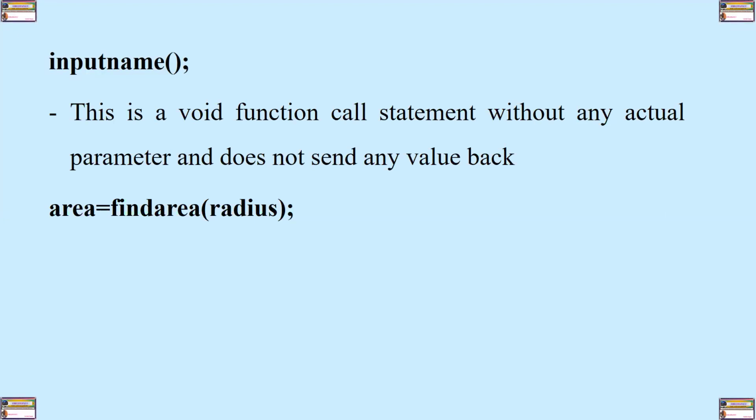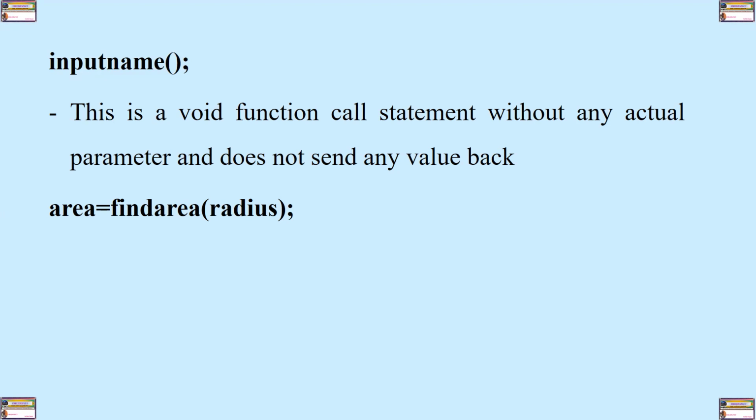And that memory location is called radius. So this statement is picking the value in the memory location within the main function called radius and sending that value to the function called find area.